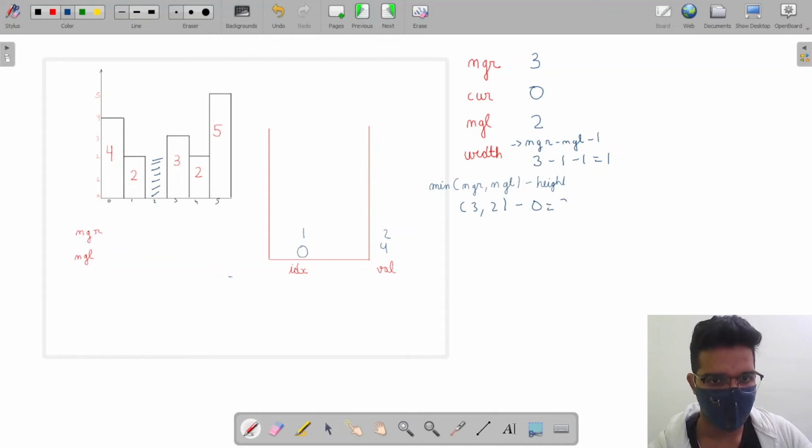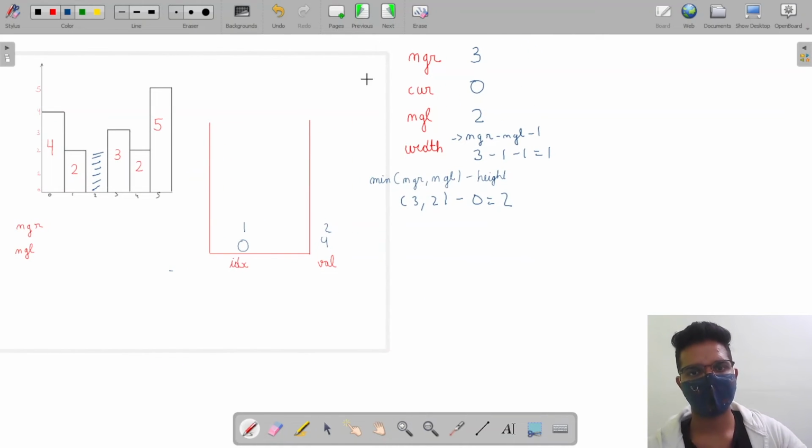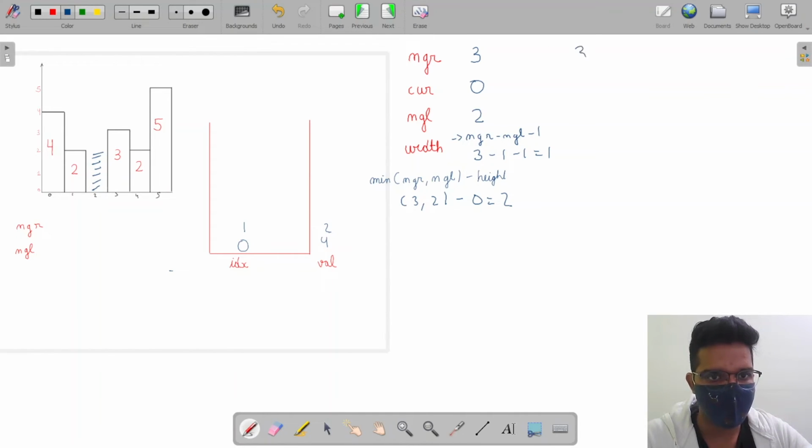Write 2 here. So for the first example, I showed you how it is actually working, but now I will keep it simple. We already know how to calculate width. We are going to calculate now the next greater right and next greater left. Okay, so stay with me. Now again, we check if 3 is greater than the top element of the stack. Yes, 3 is greater, for the element with value 2. We are going to pop 2.